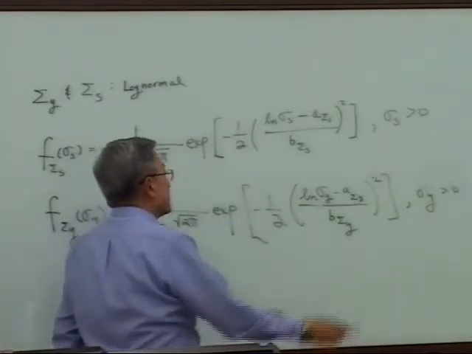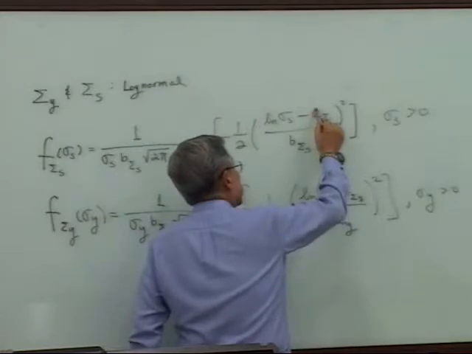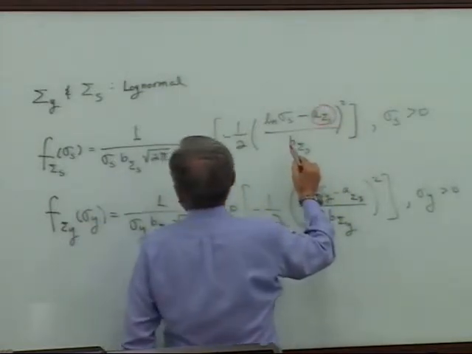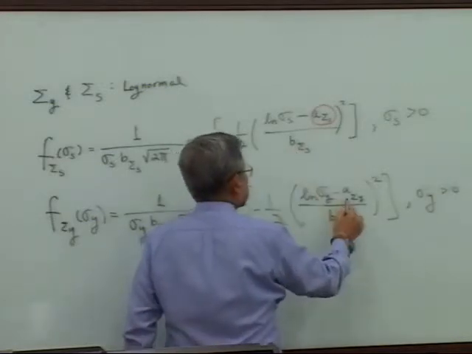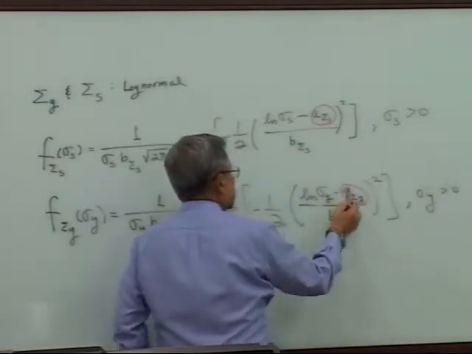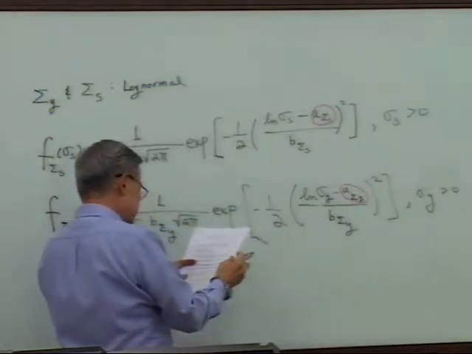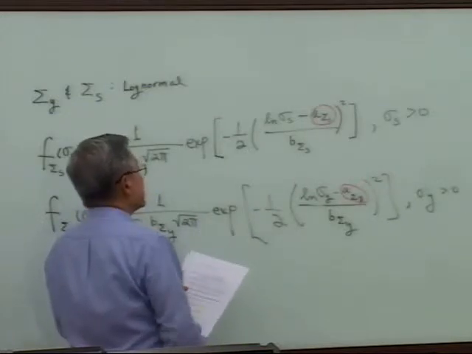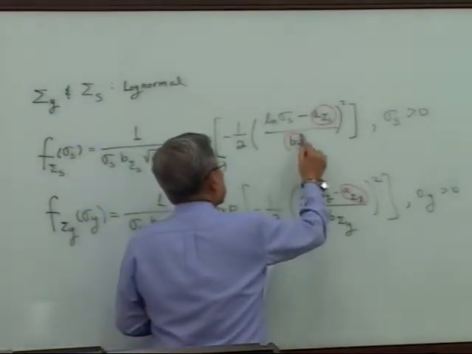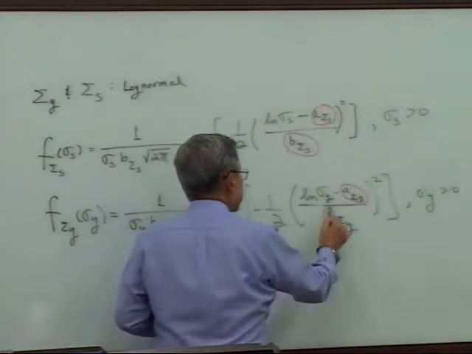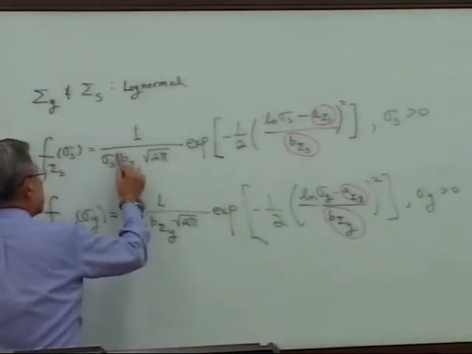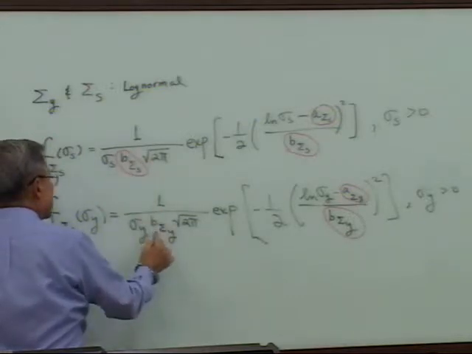There is A sigma s, A sigma y, and B sigma s, B sigma y.